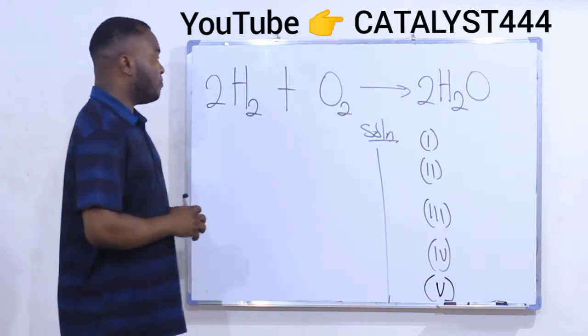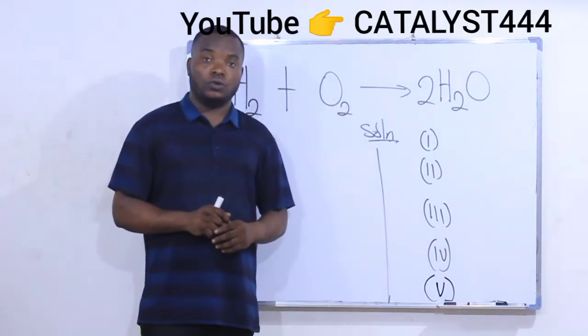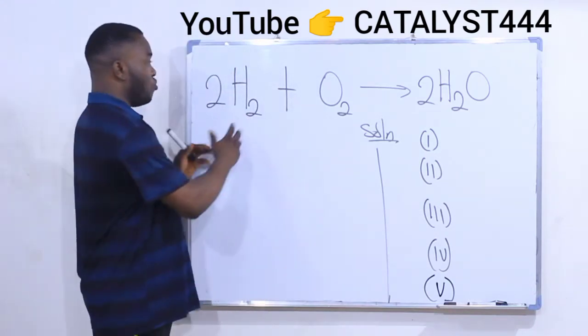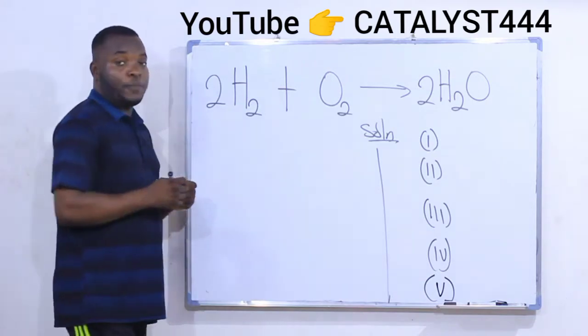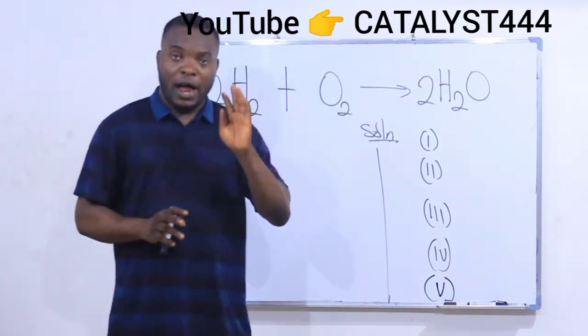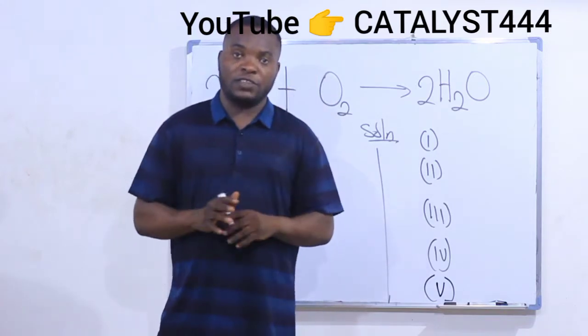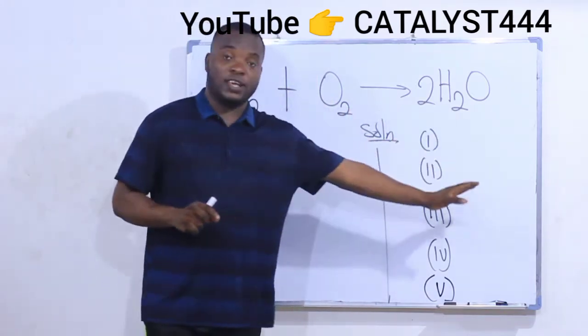Let's quickly do that. The first thing to do is to balance the equation given to you, which we have done. The equation is already balanced. The second thing to do, which is your step 2, remember, anything that has to do with stoichiometry calculation, I've given you 4 methods of solving it. Method 1, which is first step, is to ensure that your equation is balanced.